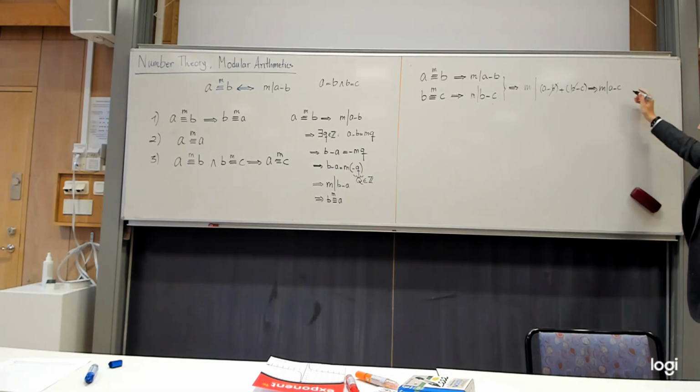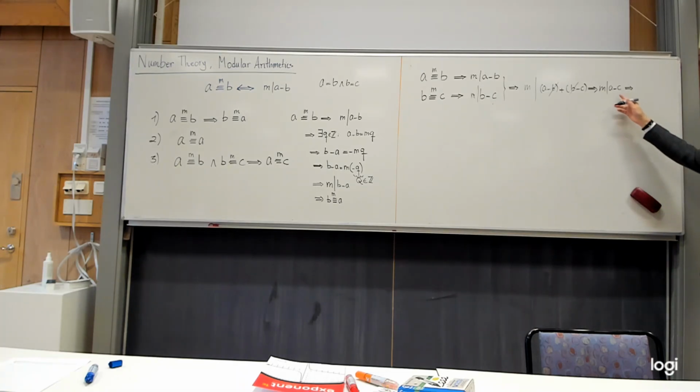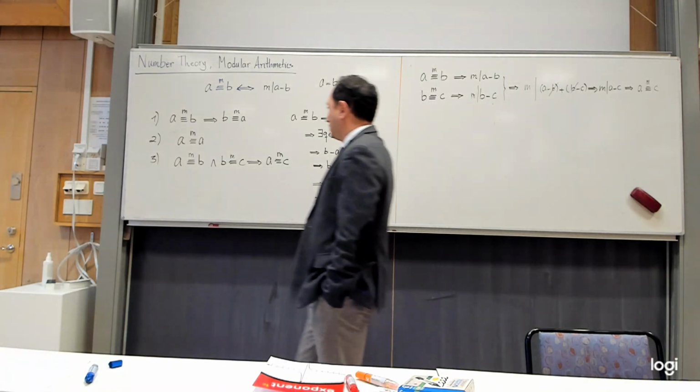And I told you that I expect you to be able to write this in this congruency language. What is the meaning of that? If I want to write it in this new symbol, I have a number minus another number, which is divisible by M. In this new language, I would say that the number that appears first is congruent to the number that appears here, modulo M. So this property is also satisfied.